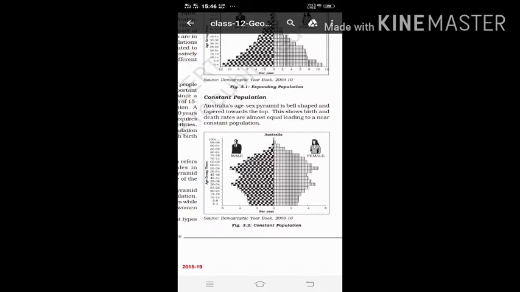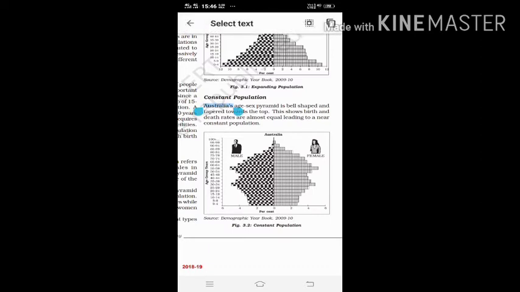So you can say that the base and the top are almost the same, where the birth and the death rates are almost equal. So it is a constant population. Example, Australia. I think you have understood it.